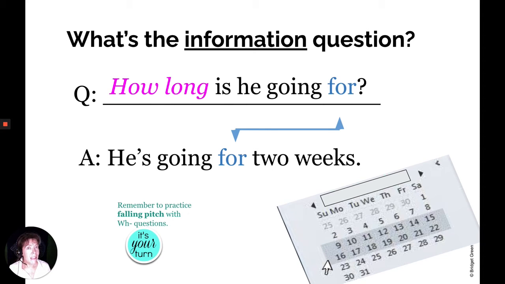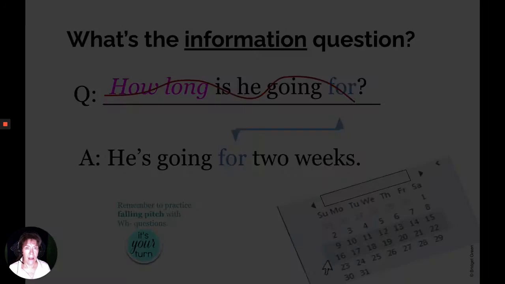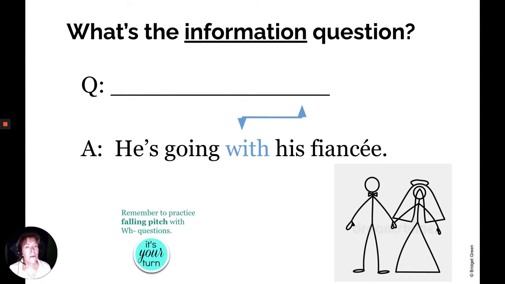How long is he going for? Notice the preposition is here and there. Preposition. Good. Okay. How long is he going for? Down at the end. He's going with his fiancée. Oh, look, there's my heart. What's the question?